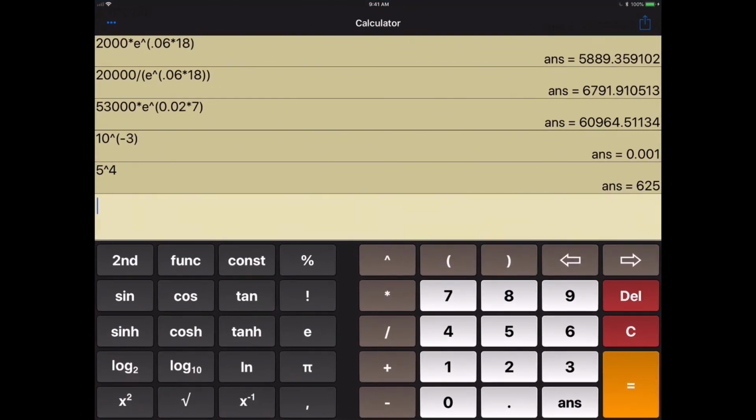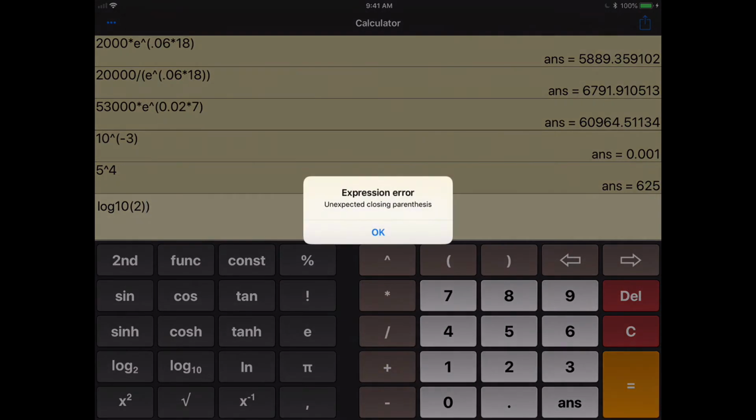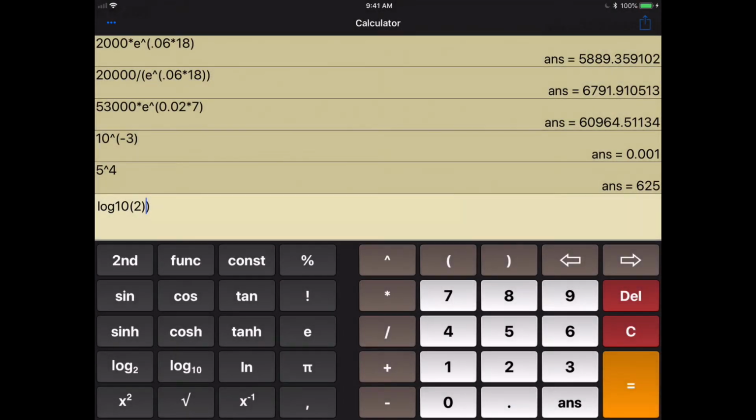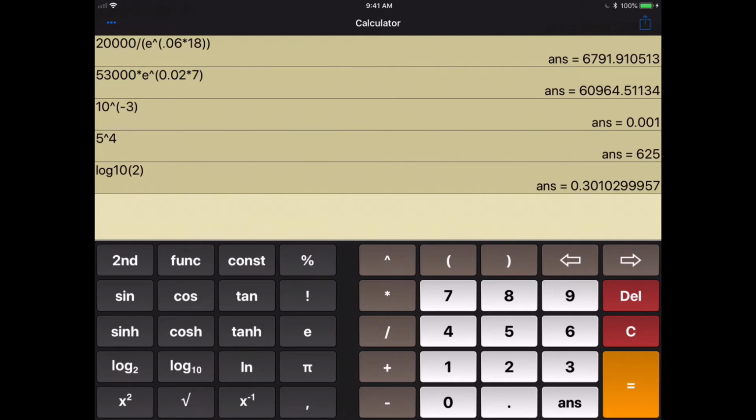This calculator actually has log base 2, but traditionally it's just log of base 10. If I take the log in base 10 of 2, I get 0.301, and that goes on for a long, long time.